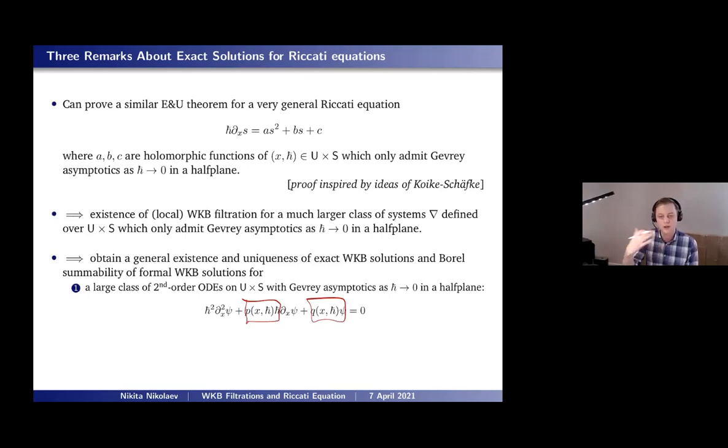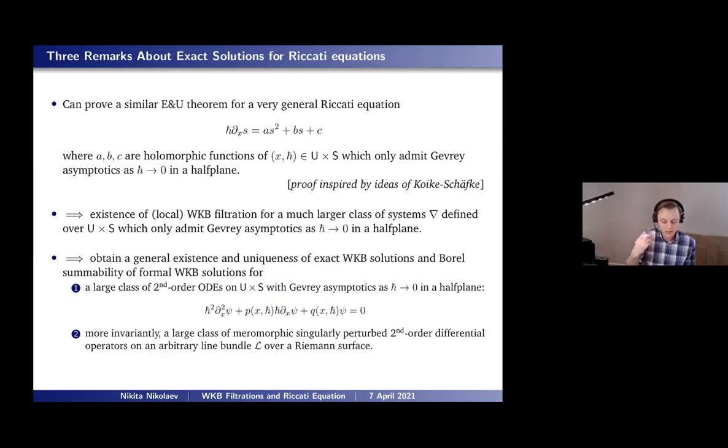They don't have to be constant or well behaved at h bar equal to 0, apart from the fact that I want them to admit an asymptotic expansion of some reasonable regularity. But then, of course, you could take it further and say, because I have the uniqueness of solutions, and therefore I'm able to translate it into some kind of canonicity of the construction, I'm able to geometrize this.